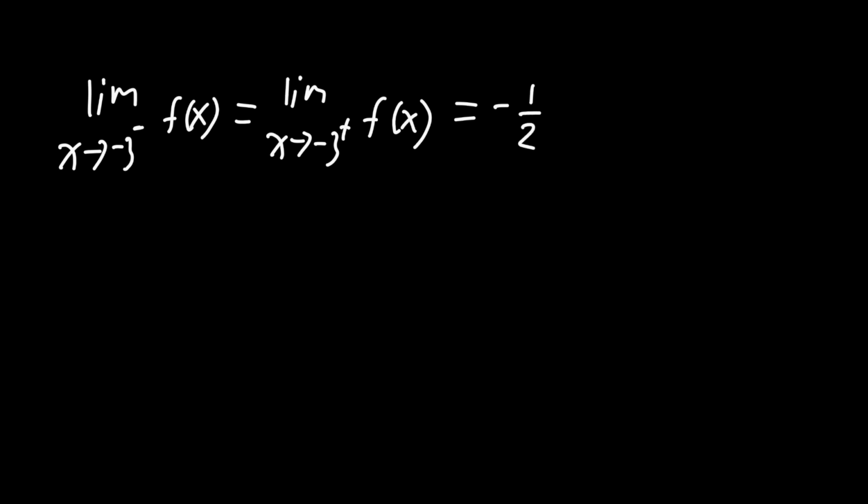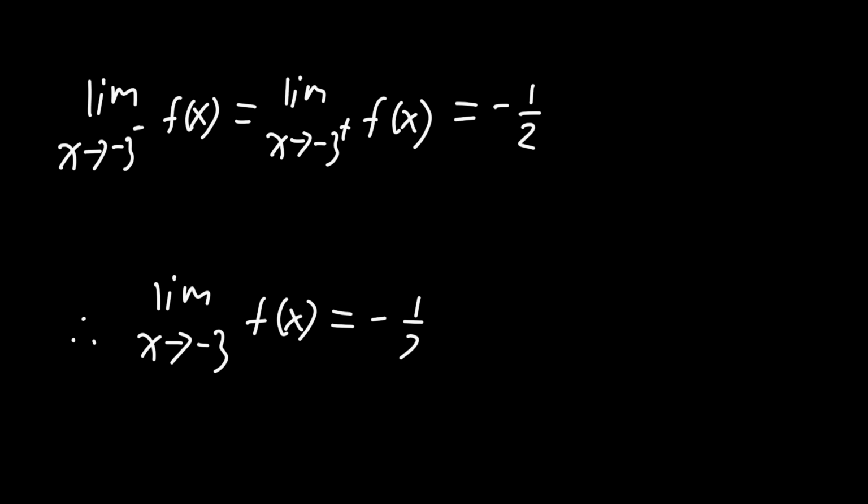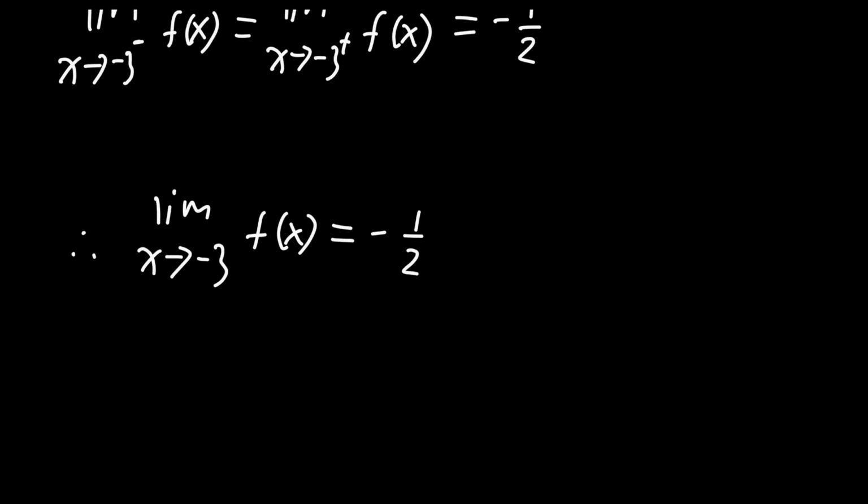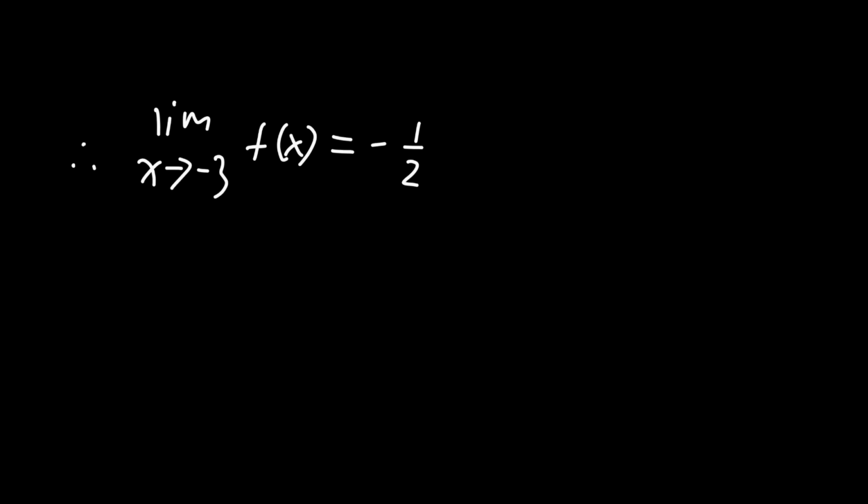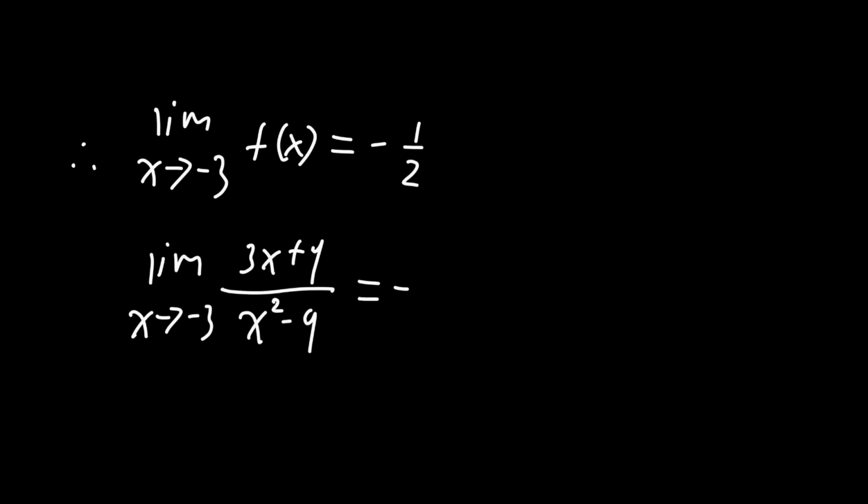So we may conclude that the limit as x approaches -3, this time without any bar or addition sign, is the actual limit of this function and equals negative 1/2. But remember, we used the function notation to represent the rational function, so we make sure to write it back. The limit of (3x + 9)/(x^2 - 9) equals negative 1/2. And that's the final answer.